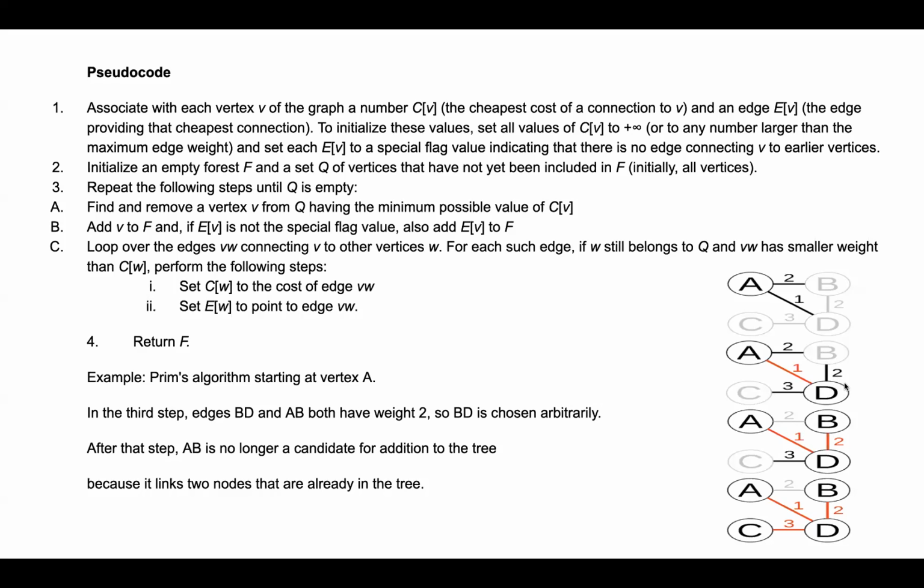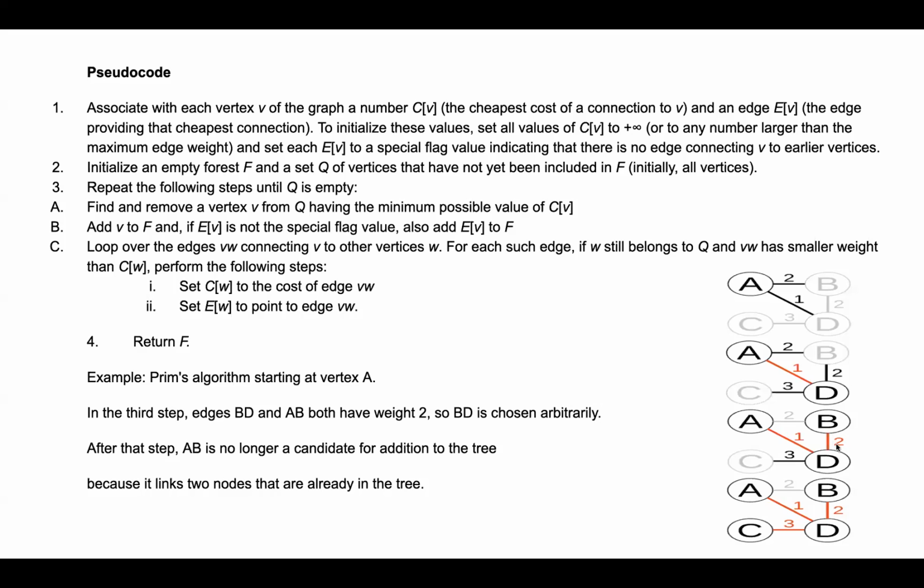As D to B is the minimum one, we are considering D to B in the next step. So the red lines come in the spanning tree. First we came from A to D, then D to B.